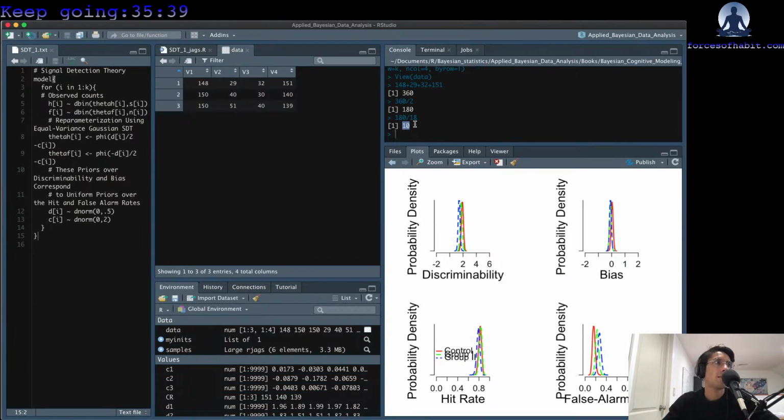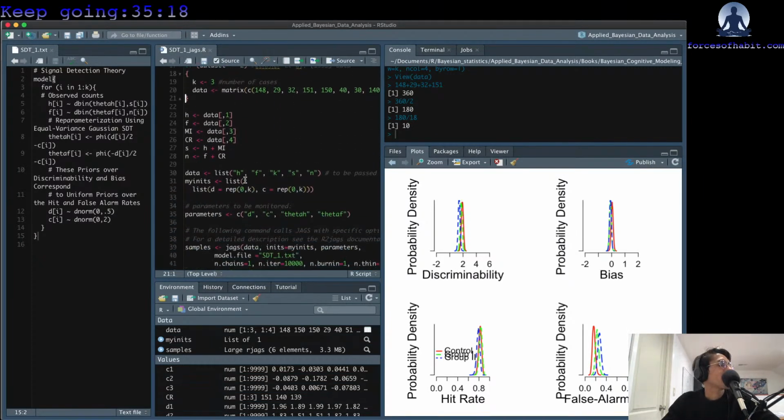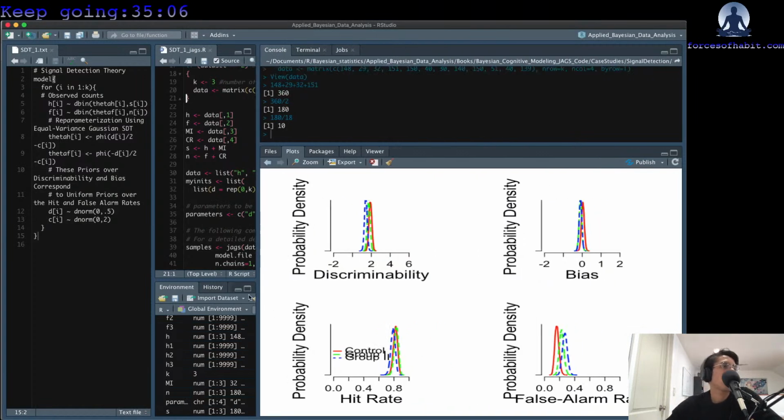Just like what we said. 10 old smells, 10 new smells, within subject, across 18 subjects, for a total of 360 trials. In the first 2, we have 180. Last one, we have 190. Okay.